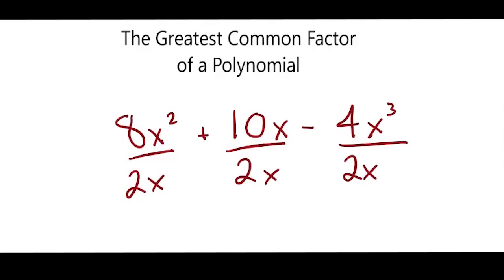You can always divide by whatever the lowest power of x is. So I notice here I have x to the 1st power, so I can divide by x to the 1st power. So my greatest common factor is 2x. And that's how you find the greatest common factor of a polynomial.